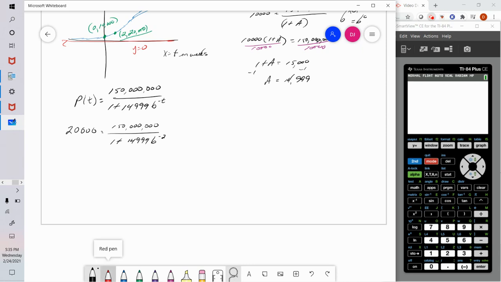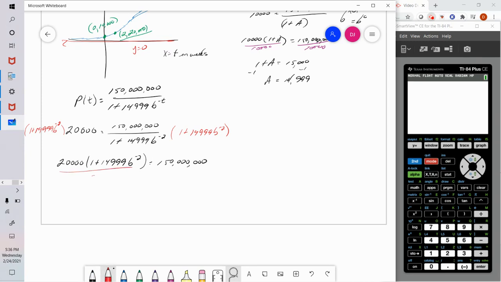So I'm going to multiply both sides by this denominator, 1 plus 14,999 b to the negative second. Multiply both sides by that, and so we're going to have 20,000 times 1 plus 14,999 b to the negative second equals 150 million.